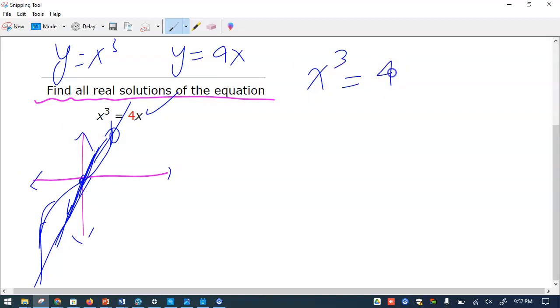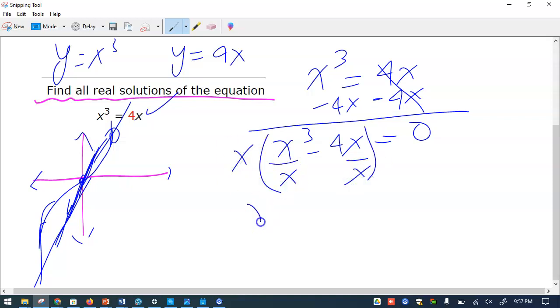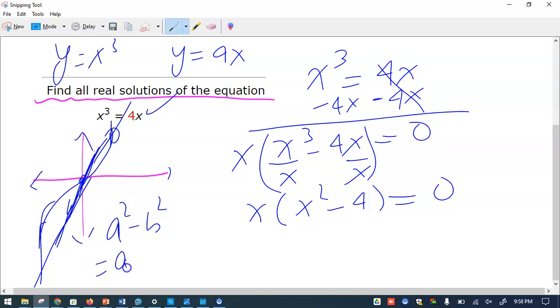So if this is the case, the first thing is you subtract 4x from both sides so that the right side is 0. And then you can see there is an x which is a common factor. So that way you get x times (x squared minus 4) equals 0. And you can use the difference of squares formula, a squared minus b squared equals (a plus b)(a minus b).